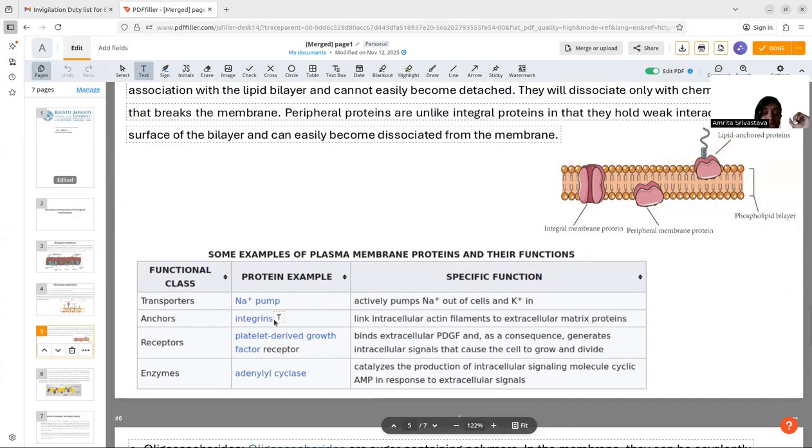There can be attachment of these cells to the extracellular matrix, and also through these proteins there are certain receptors attached to the membrane that get involved in ligand attachment and signal transduction.